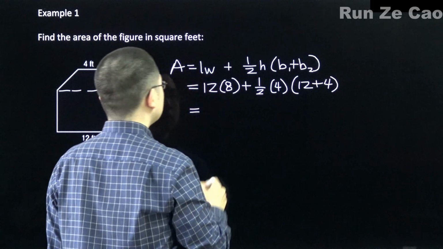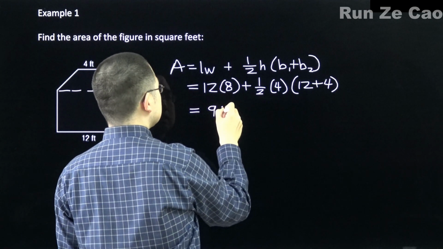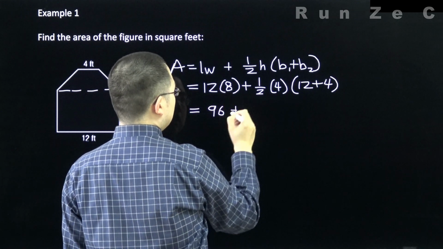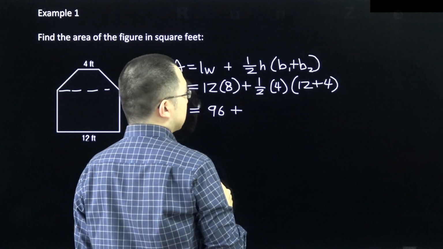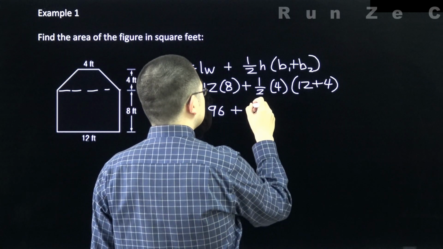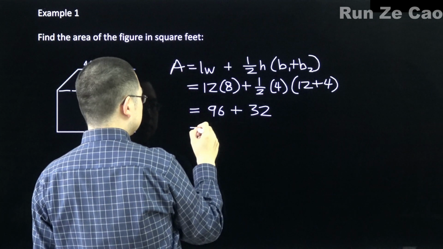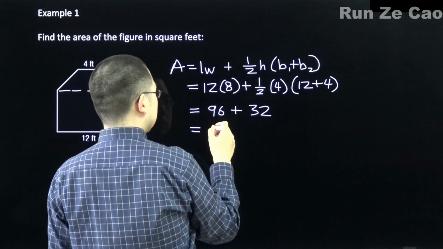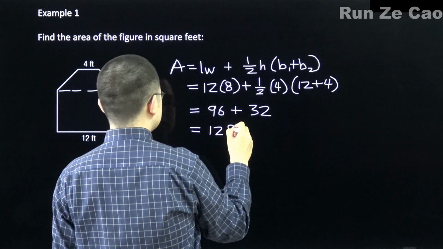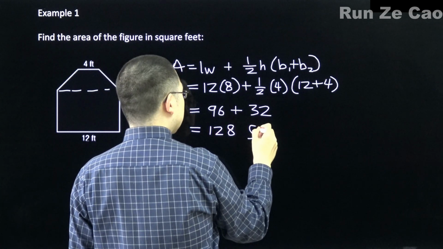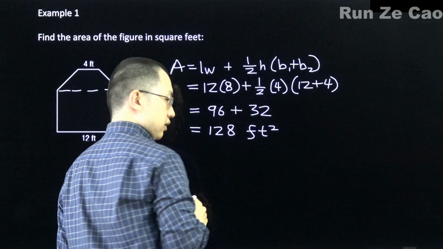So, looking at 96 plus 2 times 16, which is 32. So this is 128 square feet, or feet squared.